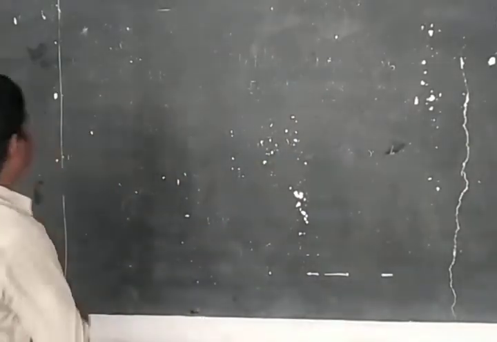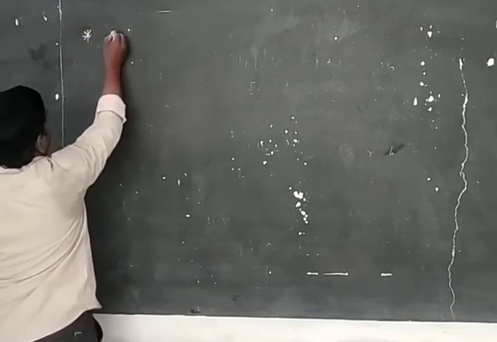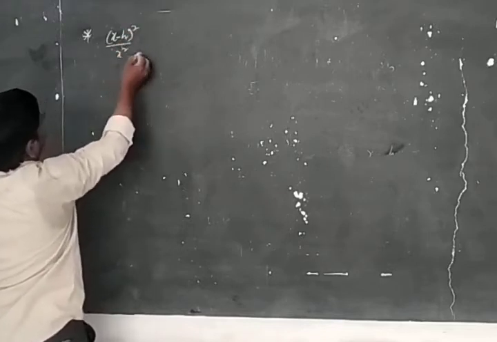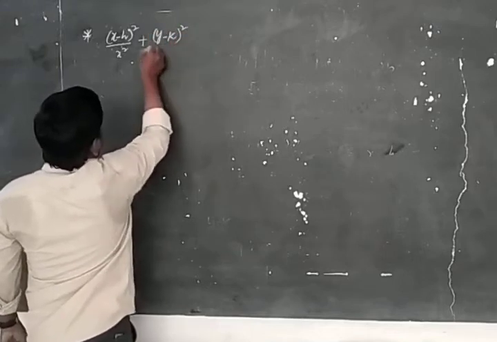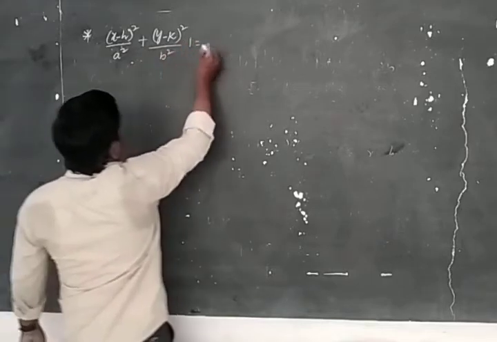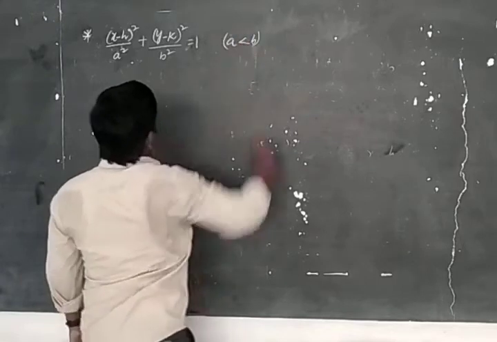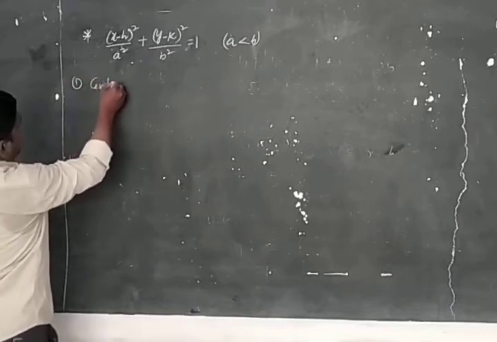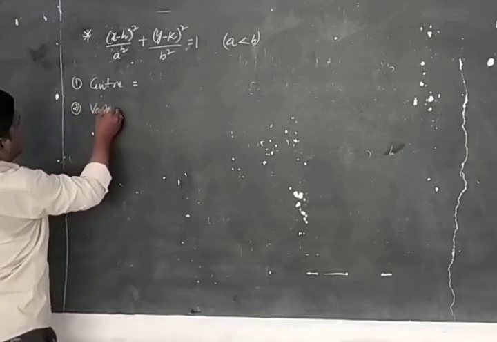Next, x minus h whole square by a square plus y minus k whole square by b square equal to 1, a less than b. First one, center. Second one, vertices.